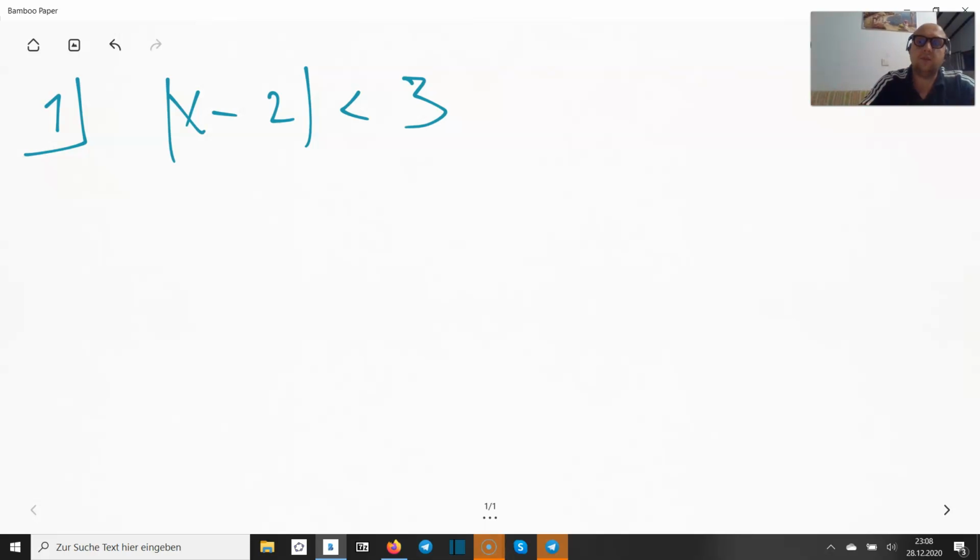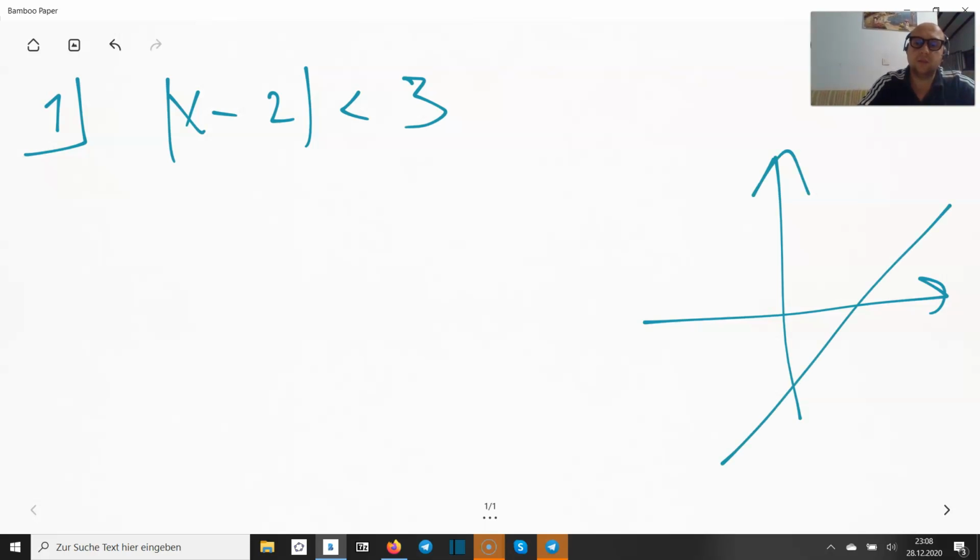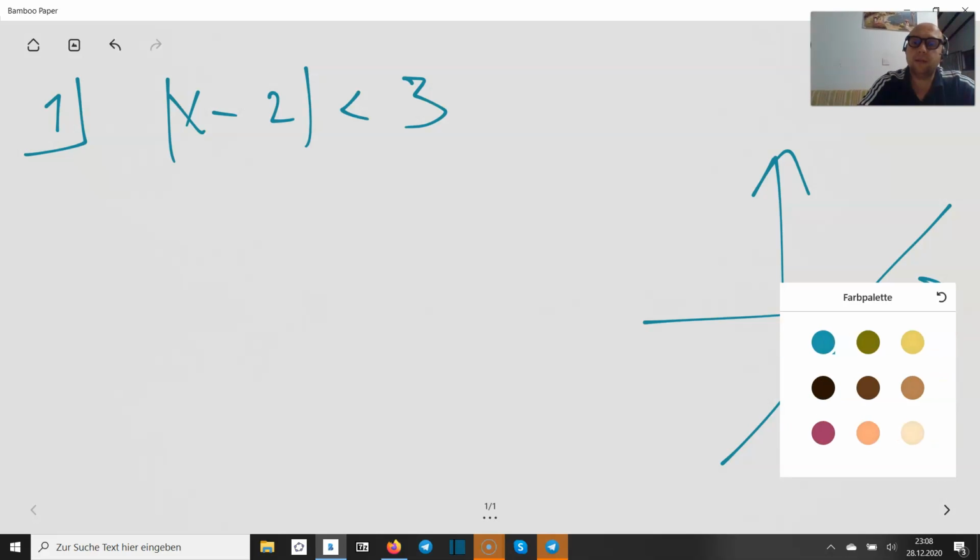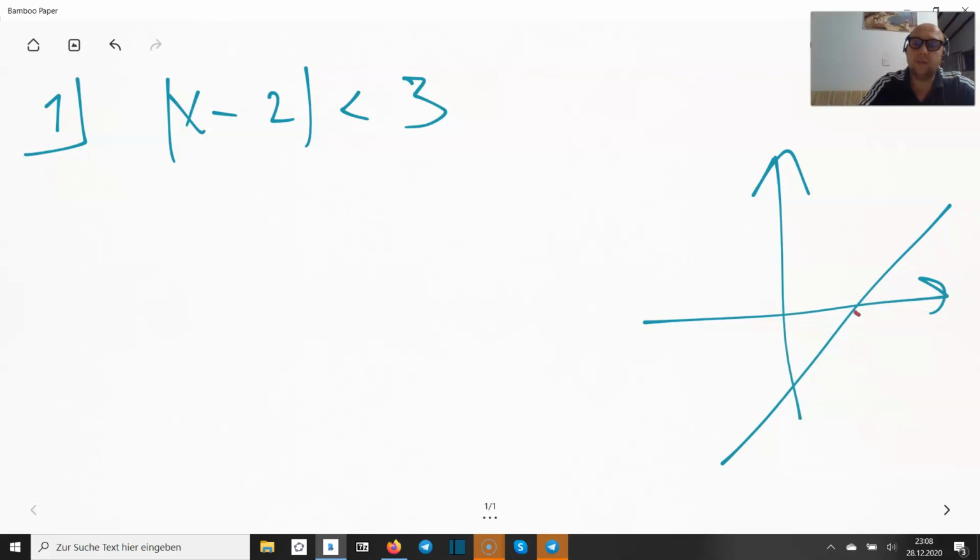So if you have a look at x minus 2, this is just a line looking like this. So that would be x minus 2. But exactly at the point where we intersect the x-axis, so exactly at 2, we are switching the gears. That means we are reflecting the lower part on the x-axis, and this is how the real graph looks.